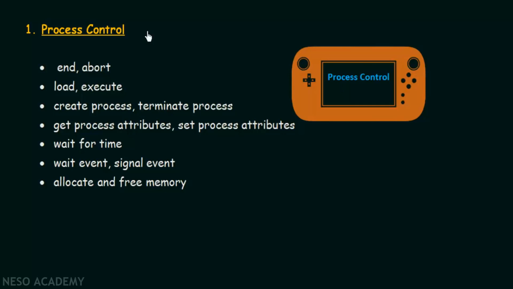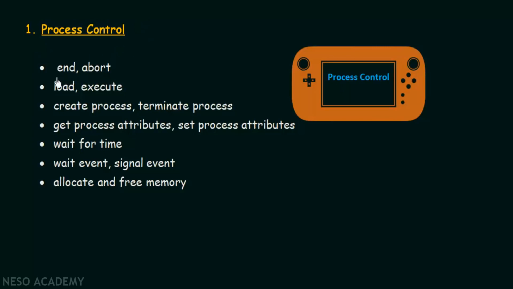By normally, what I mean is that the process should come to a halt when it completes its execution. Otherwise, there might also be errors occurring in that process. So if an error occurs in the execution of a process, then that process has to be halted or aborted. So that is what we mean by halting abnormally. The system calls that are used for controlling the processes fall under this category of process control system calls.